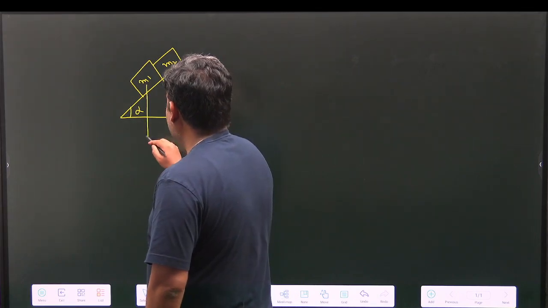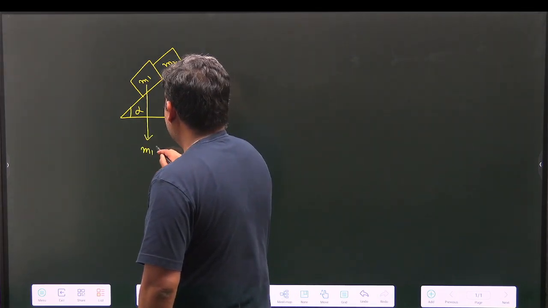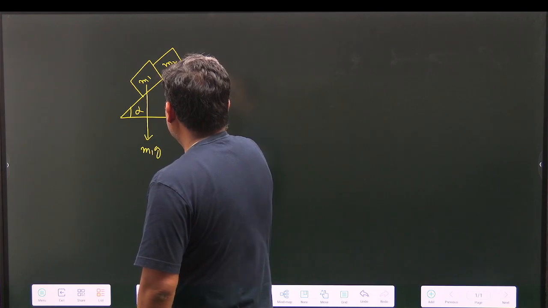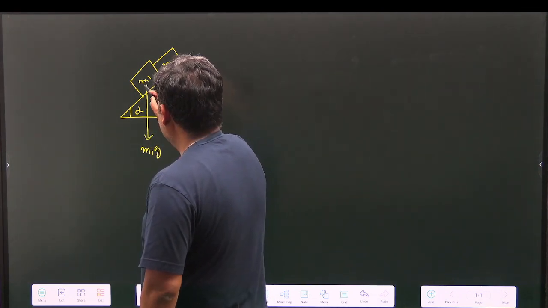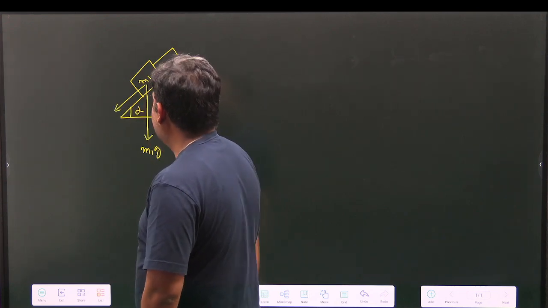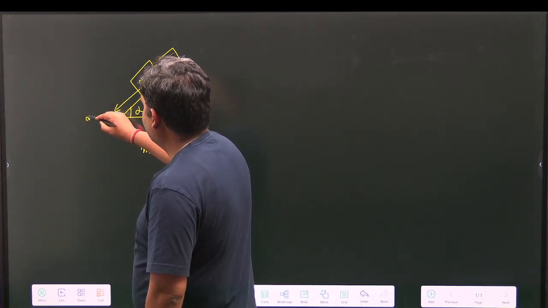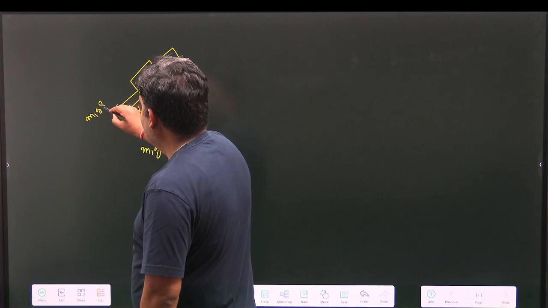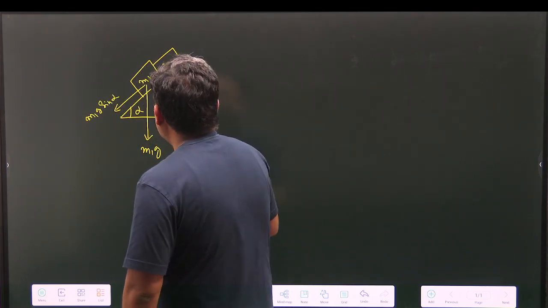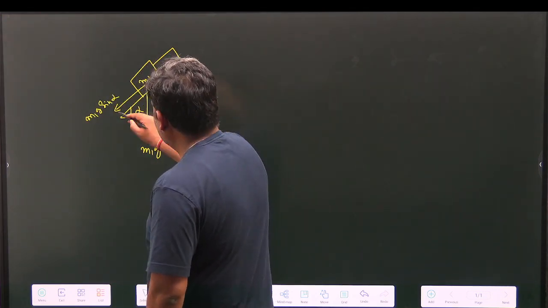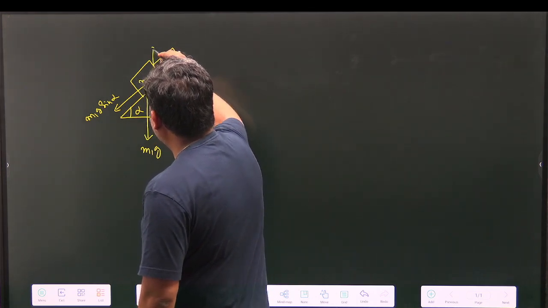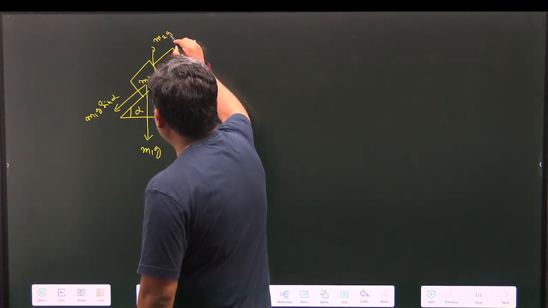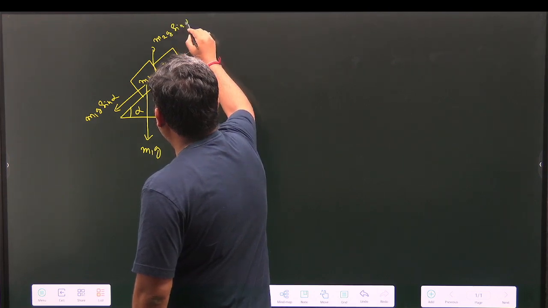This will be my weight m1g, and this will be my weight m2g. In this direction we have the force, that value is m1g sine alpha, and for m2g the force is also in this direction, that value is m2g sine alpha.